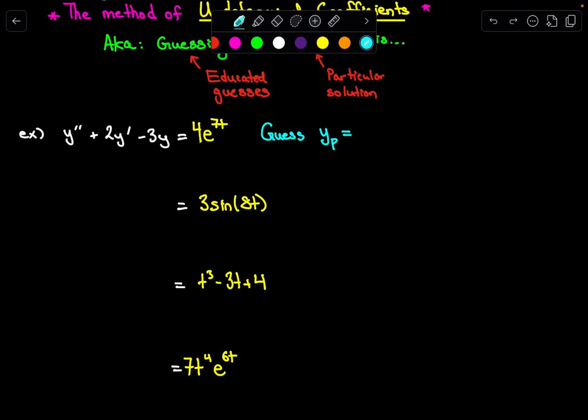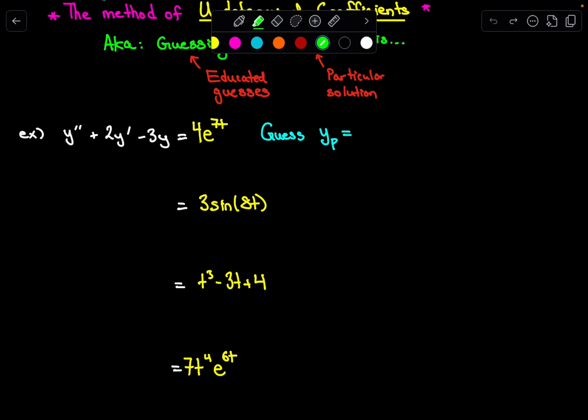Now, why would that be an educated guess? If you really think about it, what function could I plug in for my y double prime, y prime, and y, whose first derivative, second derivative, and the original function all combine to give me some amount of e to the 7t?